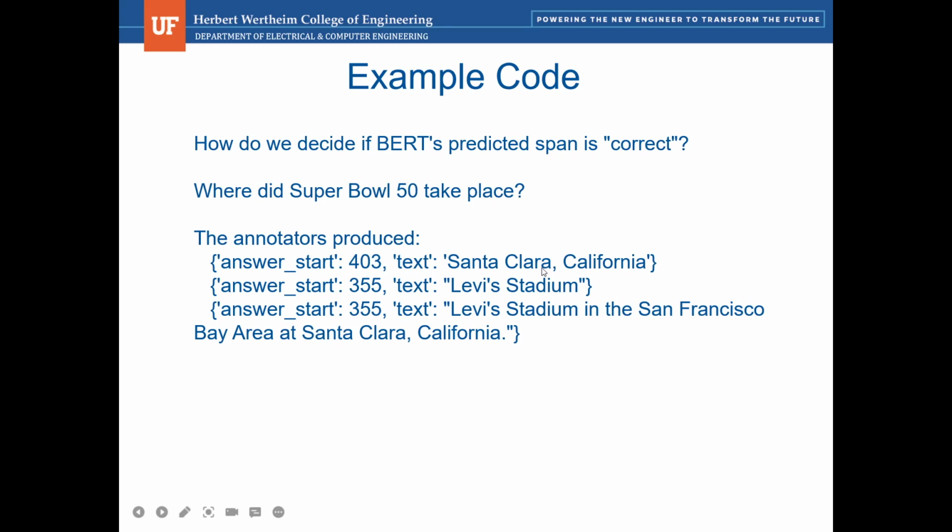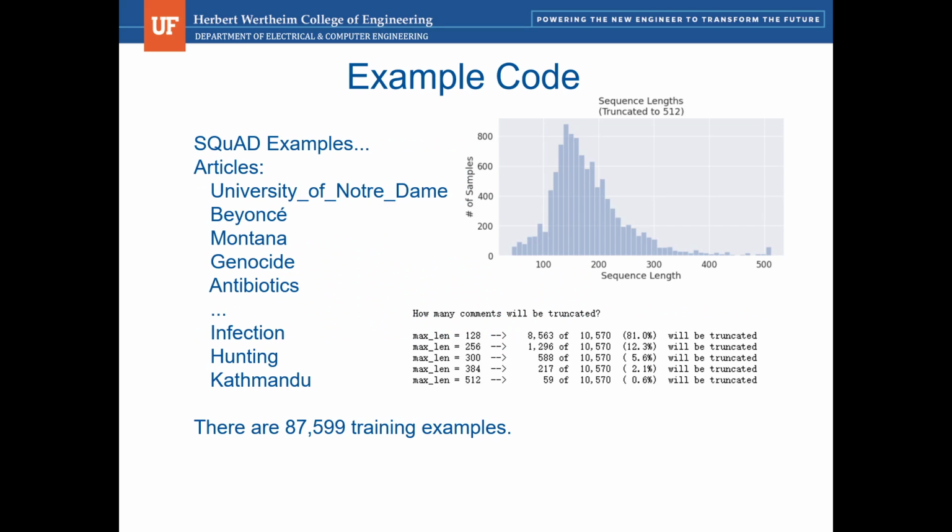There are three human-provided answers, and they don't always agree. Since all three of these seem acceptable, we will compare BERT's prediction to all three correct answers and take the highest F1 score that BERT gets among the three.